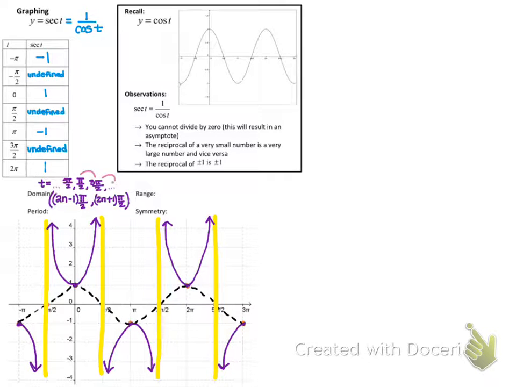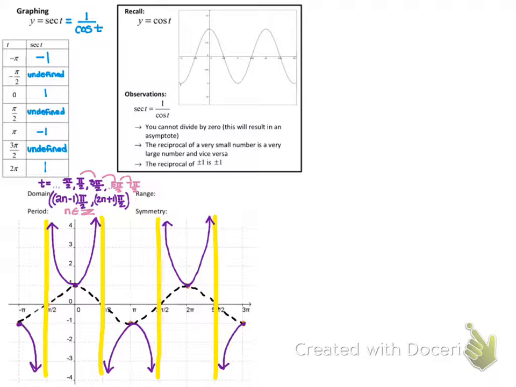So the next jump would be 5 pi over 2, the next one would be 7 pi over 2. So I'm pretty much saying our domain is in between each of those. So negative 3 pi over 2 to 5 pi over 2, but we have parentheses because it can't be on those actual values because we have asymptotes there. We can't be at 5 pi over 2 or 7 pi over 2, but everything in between. So that's that notation. And again, we need to say that n exists for all integers.